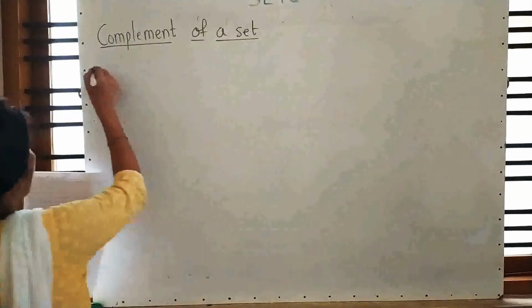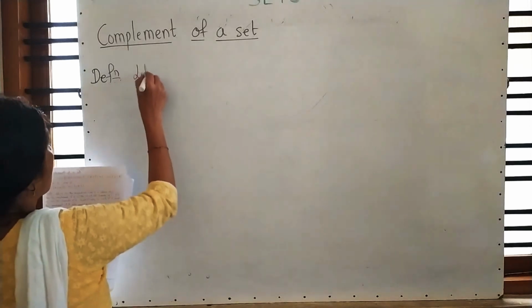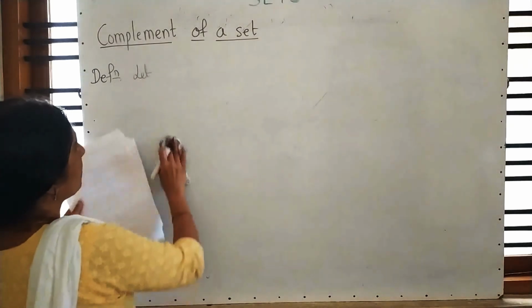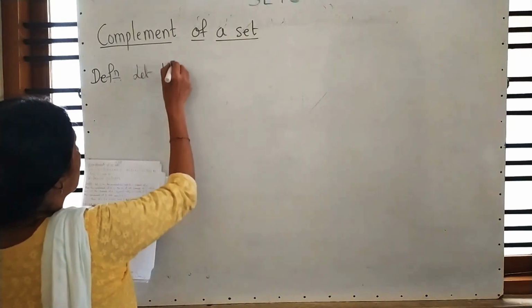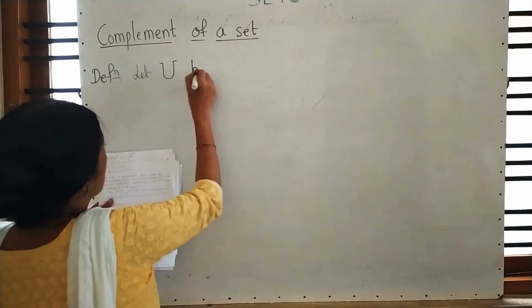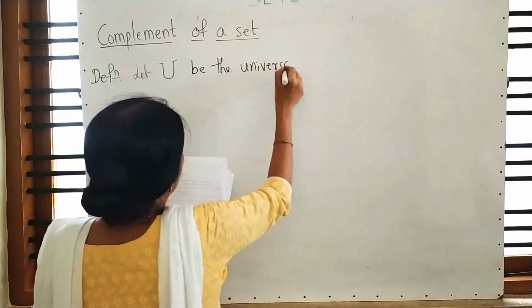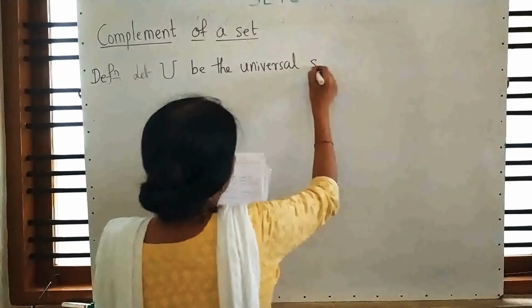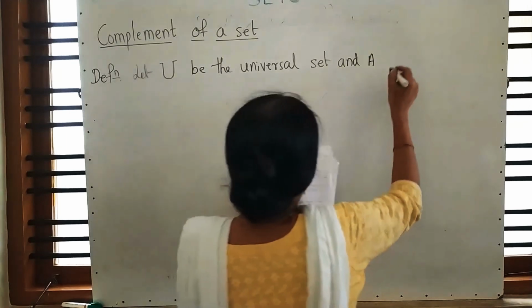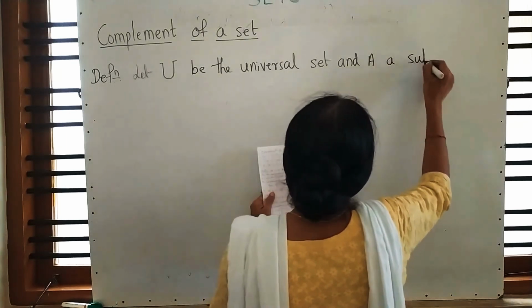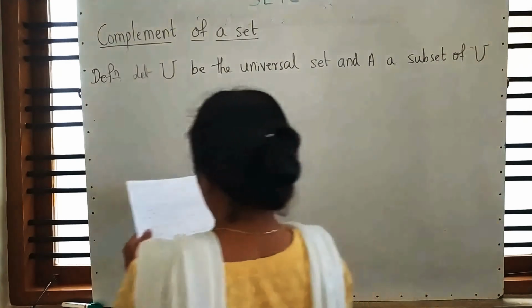Definition. Let U be the universal set and A a subset of the universal set.